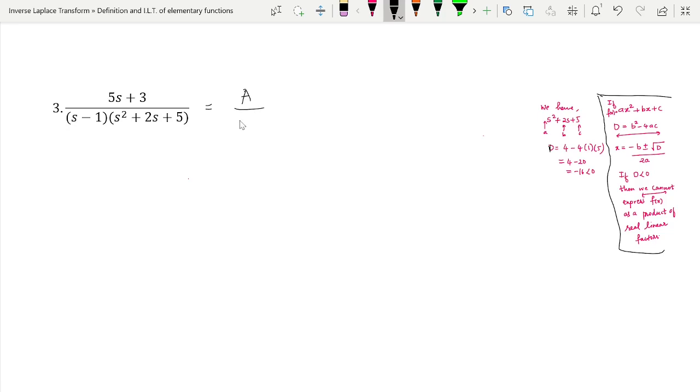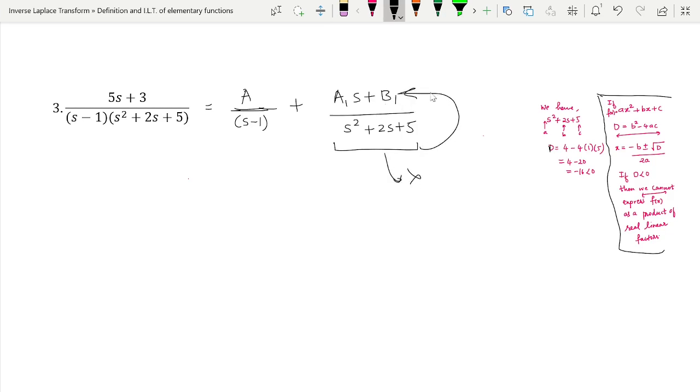For the first linear factor, the partial fraction is A upon s minus 1, and for the second one it is, I cannot use A now because A is already used here, so a1 s plus b1 upon s square plus 2s plus 5. If we are not able to express the quadratic factor as a product of linear factors, then we have such a partial fraction.